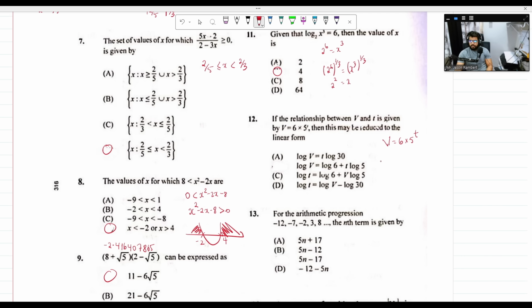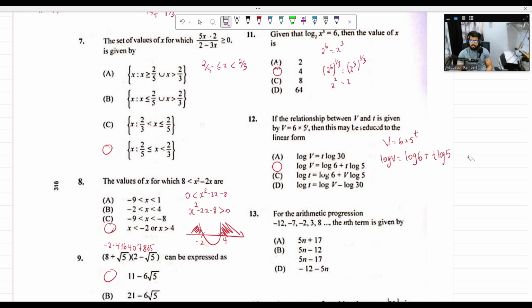So we're going to have log v is equal to log 6 plus t log 5, using my laws at one time. It's supposed to be t log 5 coming first if you want it in the form y is mx plus c. But part B already had it in this particular form. You have to review your laws of logs in order to go from here to here. I did skip a lot of steps in between, but that's the power of understanding your working.